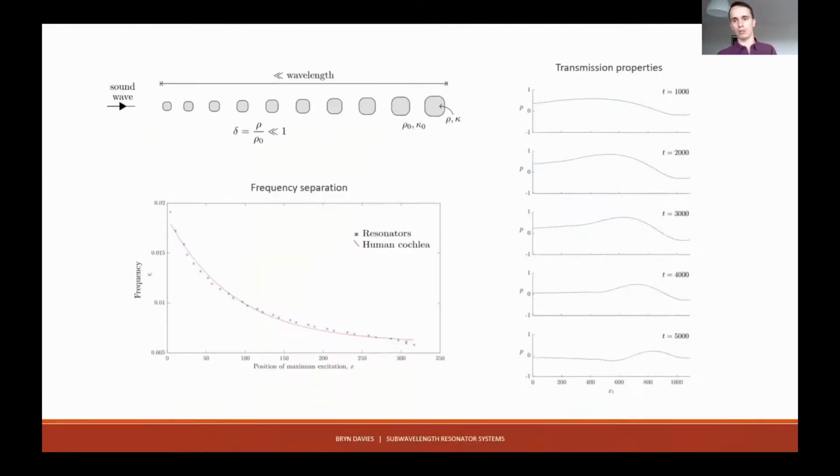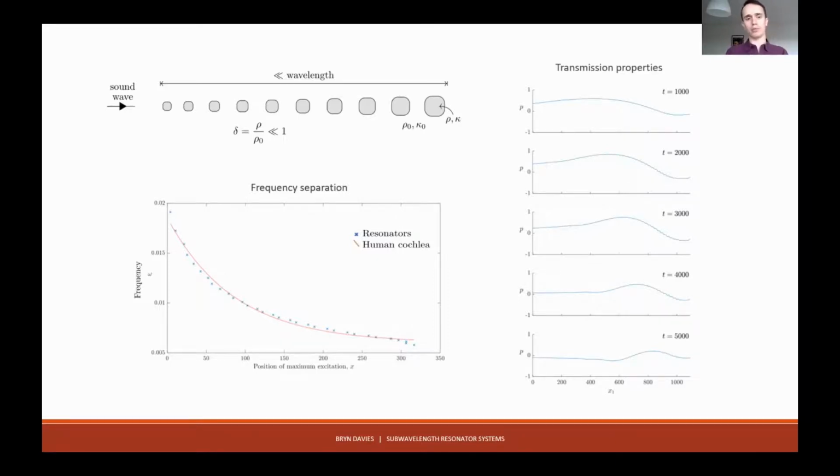And using our analytic approach based on this generalized capacitance matrix, we can likewise study a graded array of resonators and begin to understand the extent to which it mimics the cochlea. So, for example, if we look at the left-hand plot here, we can see that we can set up the structure such that it can be designed to mimic the relationship between frequency and position of maximum excitation that exists in the cochlea.